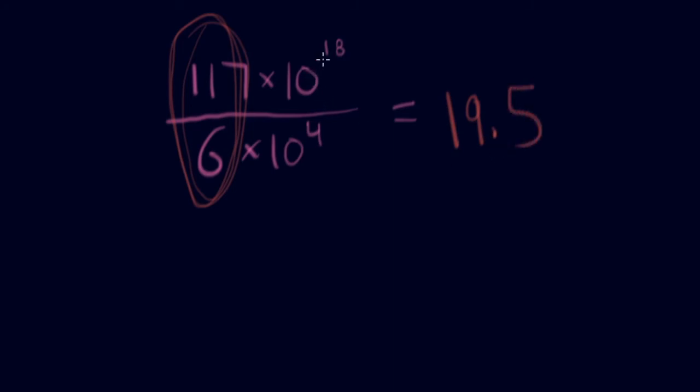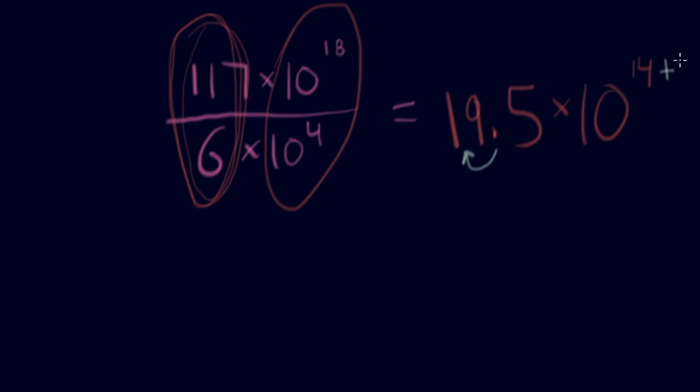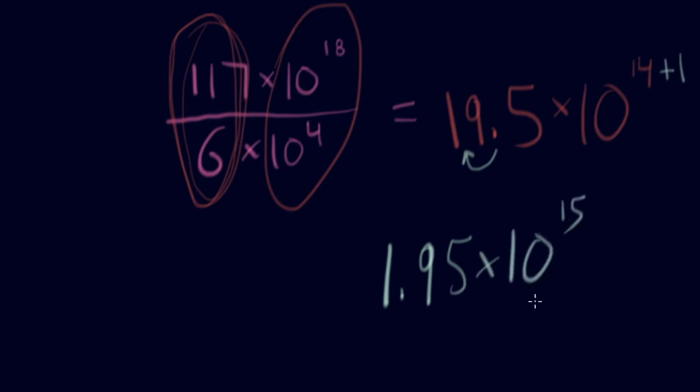Then you're going to do 10 to the 18th divided by 10 to the 4th, so you subtract those, and you get times 10 to the 14th. You know that you're not done yet. You have to move your decimal 1 place over, which means adding 1 to the exponent. So your final answer is 1.95 times 10 to the 15th.